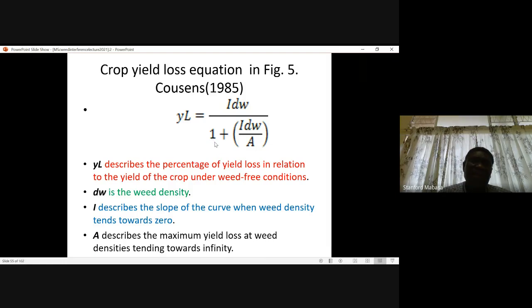Now, in our competition studies, we are assuming that the crop and the weed are emerging at the same time. But in actual fact, you may have a situation where weeds can emerge ahead of the crop. If there's such a situation where weeds are emerging ahead of the crop, then this equation may not be useful. And Cousens realized that he had to alter this one by a certain term.